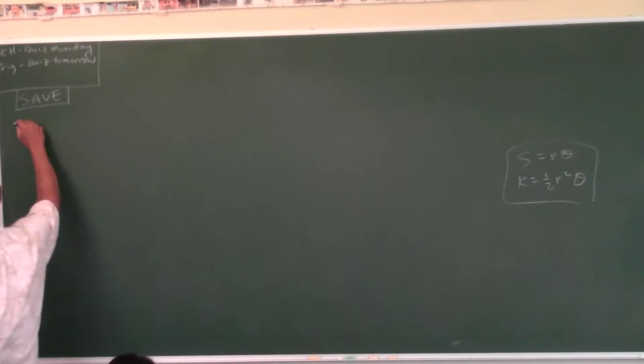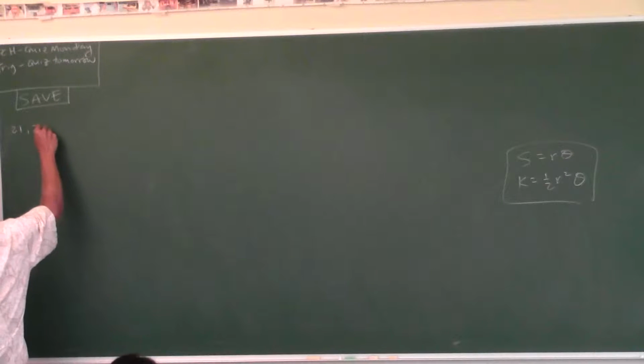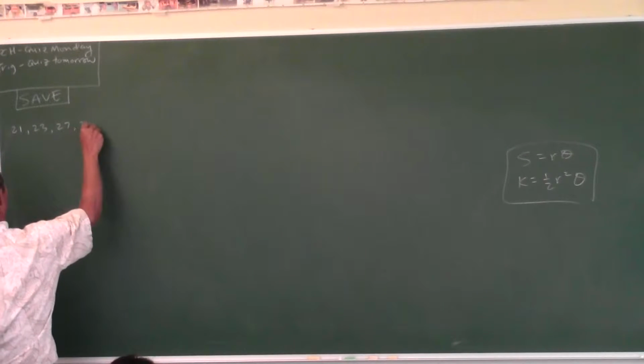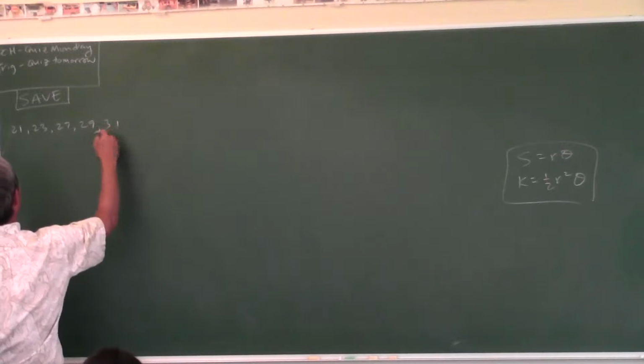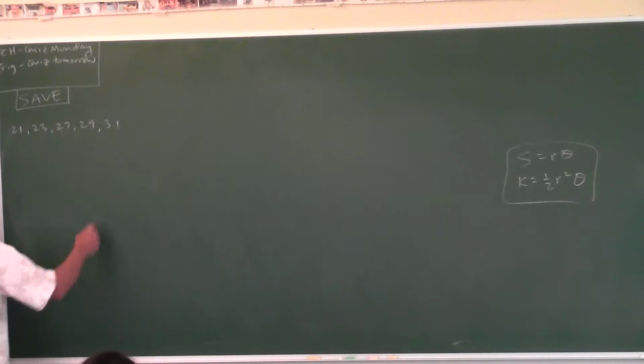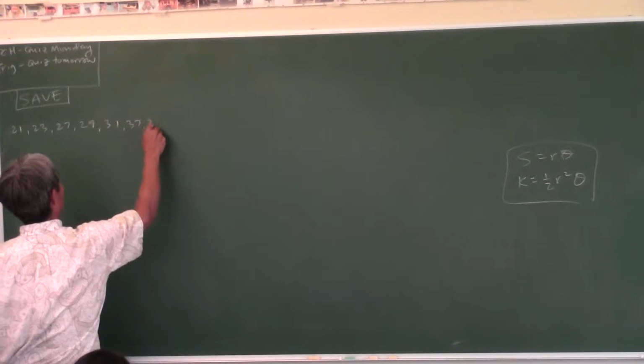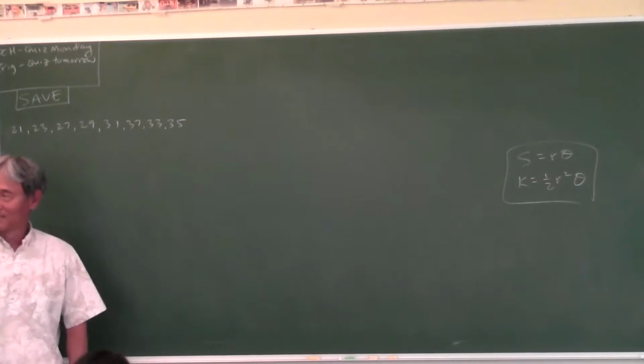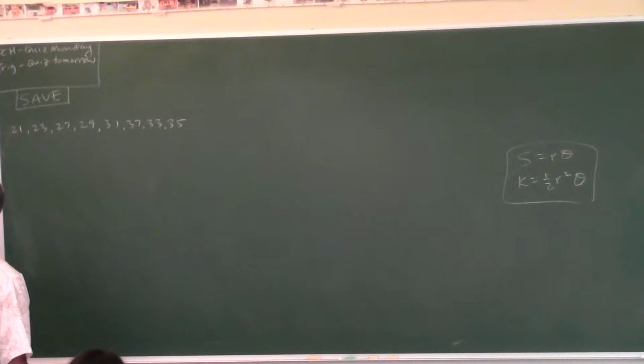Okay, what problems do we need to go over today? 21. 23. 27. 29. 31. 37. 35. 33. What was the assignment? 13 through 37. So all I don't have to do is 13 and 17. And 29.